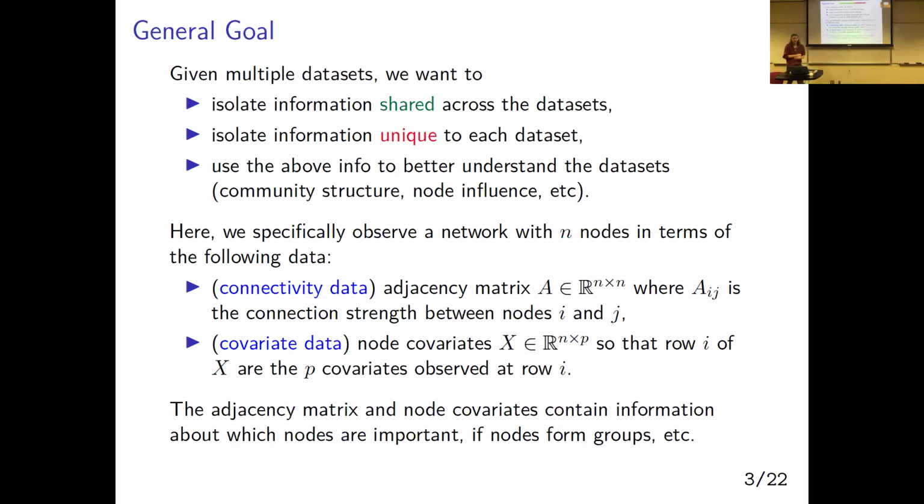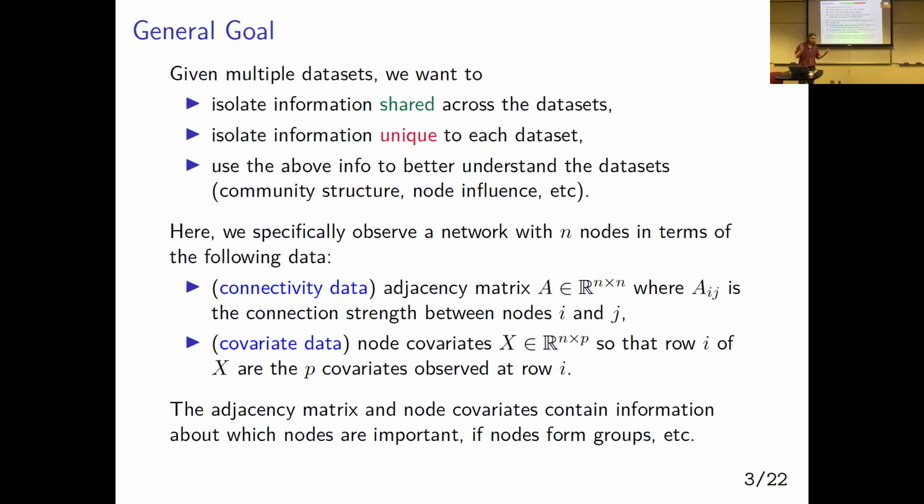Both of these contain important information about the nodes and the relationships they have. Which nodes are influential? Is there any community structure in the nodes, like how they group up? Maybe some nodes connect more strongly with nodes in the same group, so you see groups of high connectivity.